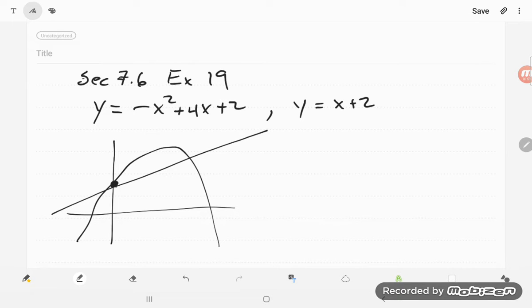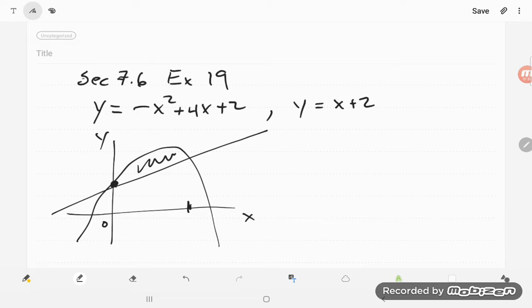So we're interested in that area. I know this goes from 0. The question is, I could set the two functions equal to each other and solve for x.